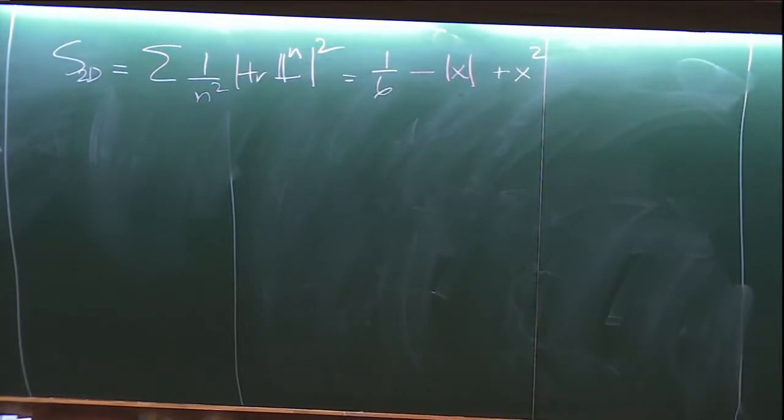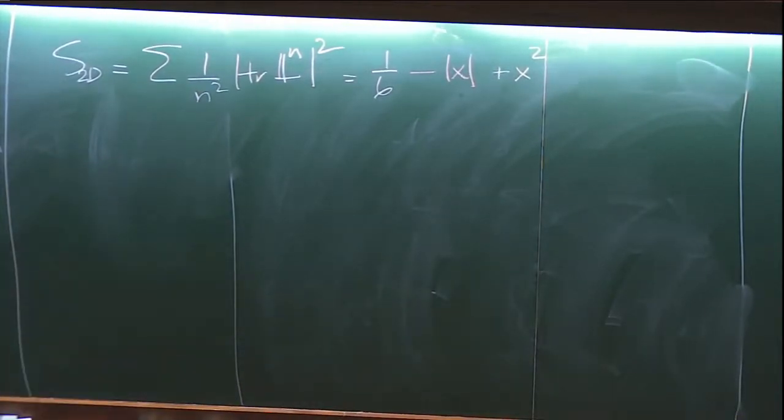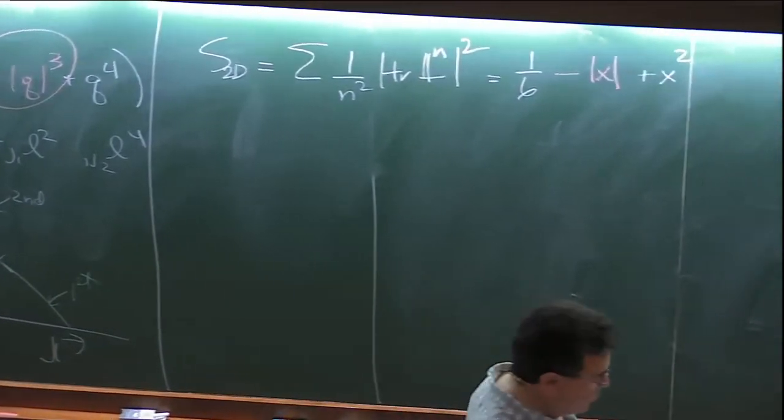Now if we do this, it solves the problem with these masses being negative. Then the masses are always positive. Everything is fine for the diagonal gluons, but I'm not going to go through it for reasons of time.